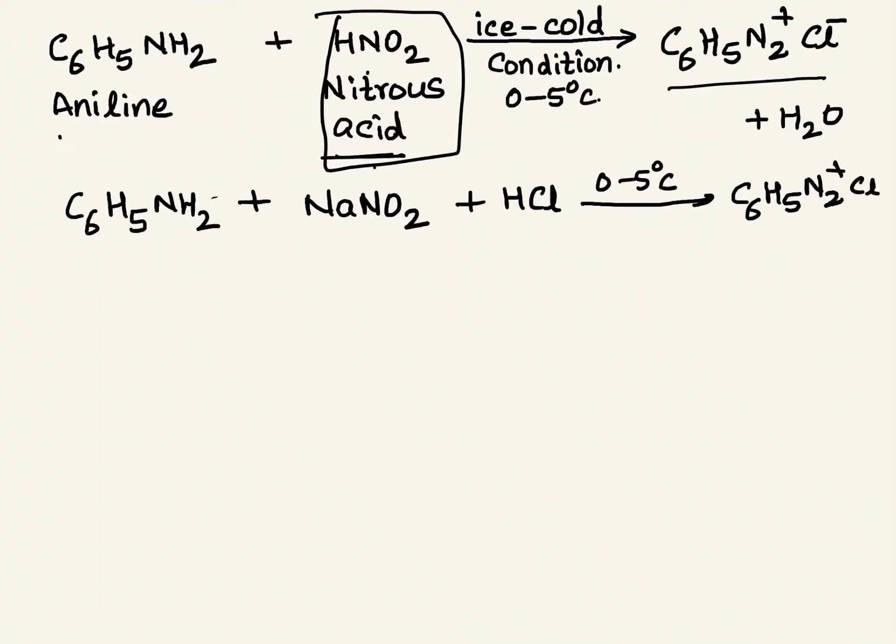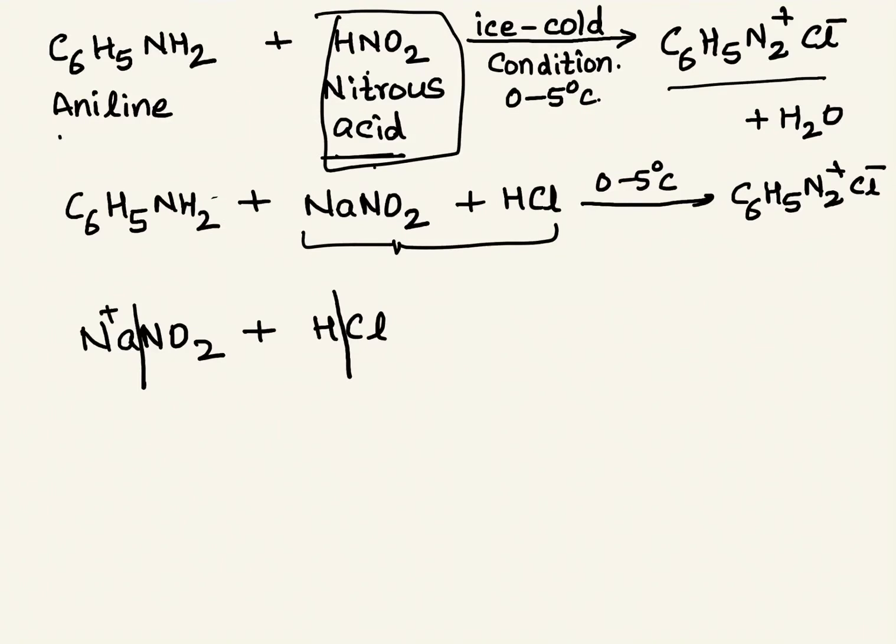C6H5N2+ Cl-. The purpose of taking this sodium nitrite and HCl, see again they are going to generate nitrous acid in the solution itself. Split it. Positive, negative, negative, positive. Yes, let's go back to the basics.